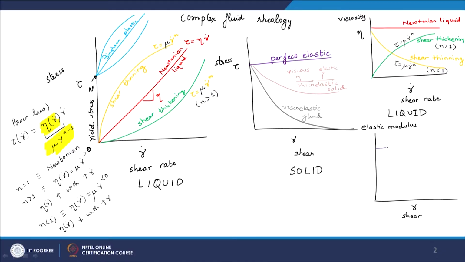So the same kind of a picture can be drawn here as well. So this will be a constant modulus. This is a perfect elastic material. Then you can have other possibilities.